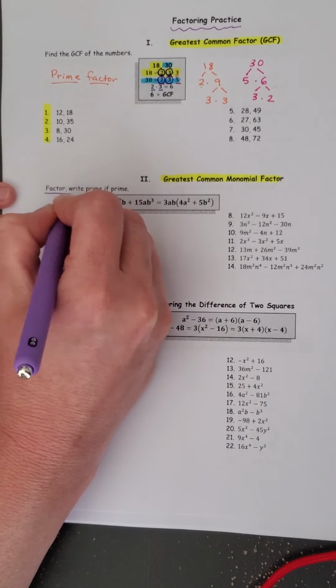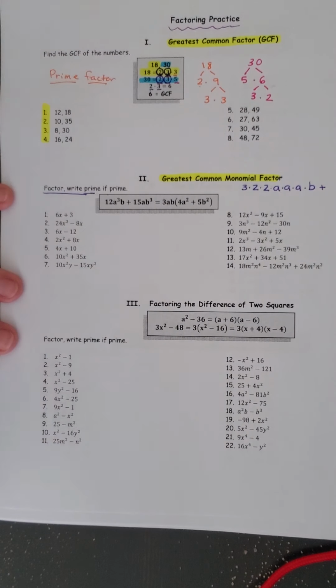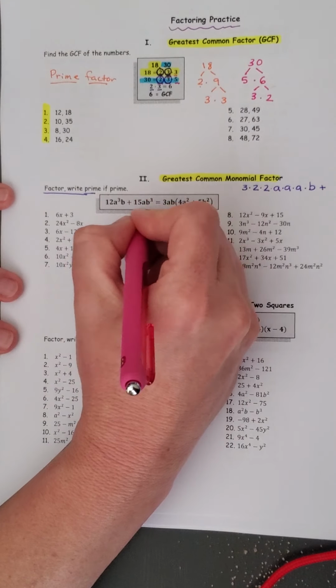So here is 12a cubed b plus, I'm going to do the same thing here with 15. 15 is 3 times 5. A is already prime, and then b cubed is b times b times b. All right, so now after we prime factor, then we find common factors.